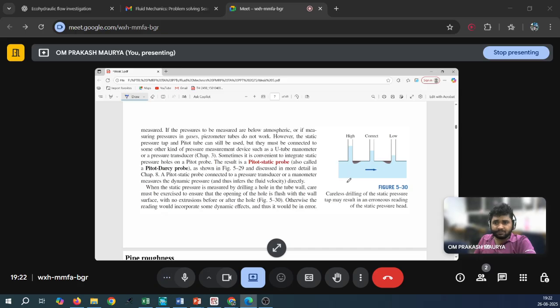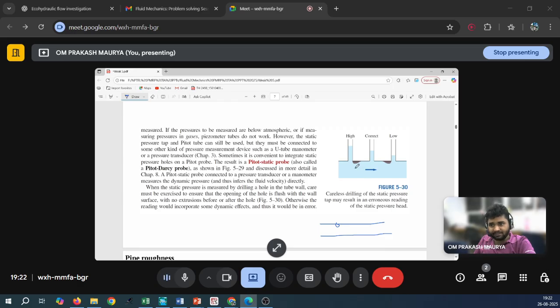Okay, so the drilling. Let us suppose you have one pipe and you want to insert a piezometer. If you want to insert a piezometer, you need to drill in the pipe and then insert, because the drilling will affect more.